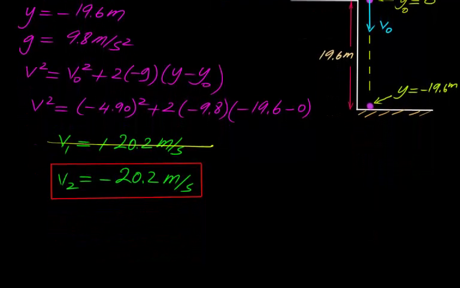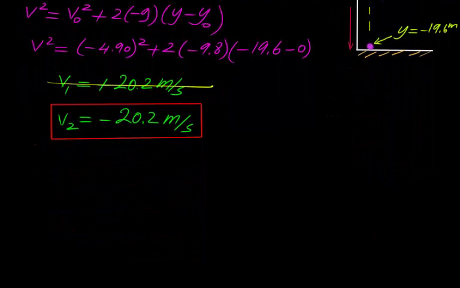Now that we have solved for the velocity just before the object strikes the ground, it is very simple to solve for the time. Any one of those kinematics equations that are time dependent can solve for the time. But the simplest of all is the one that relates the velocity to the time. v final equals v naught plus negative g times the time t.